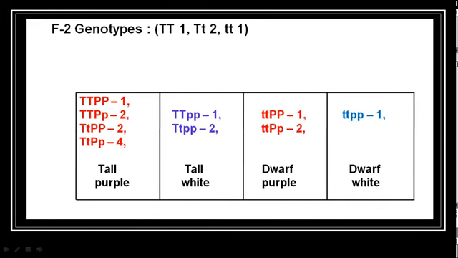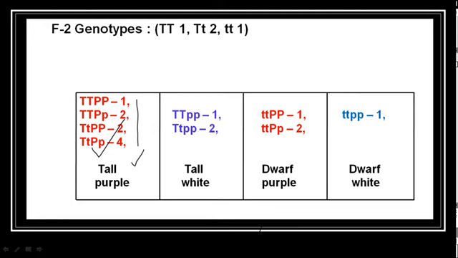Capital T capital T capital P capital P 1, capital T capital T capital P small p 2, capital T small t capital P capital P 2, and capital T small t capital P small p 4. 1:2:2:4. These 4 genotypes have the ratio 1:2:2:4. These are tall and purple.